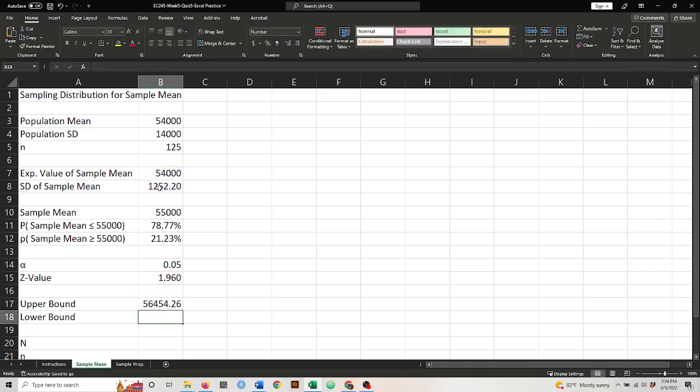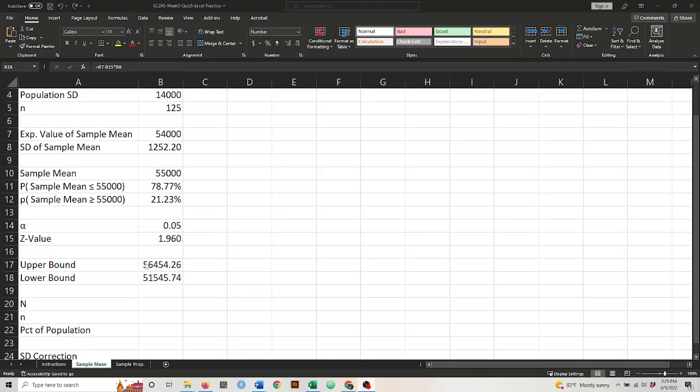And then the same thing, we're going to use the same values. Essentially, we're just going to subtract to get the lower bound, minus that z value multiplied by the standard deviation of the sample mean. And there's our upper and lower bounds. Okay, so we've got upper and lower bounds.